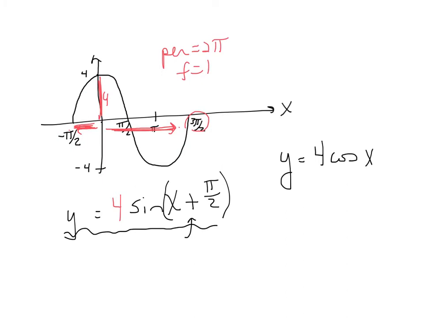If I were to cut this part off and shift it over to here, I would simply have from here to here one full cosine curve, one full period. And that 90 degrees would tack on here, and I would get my 2 pi.